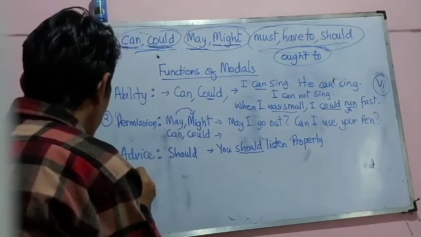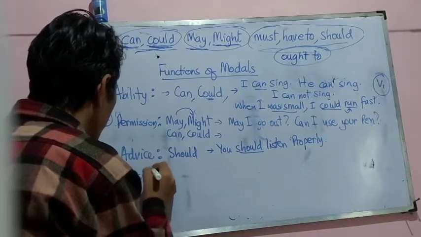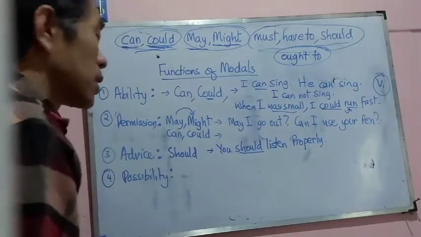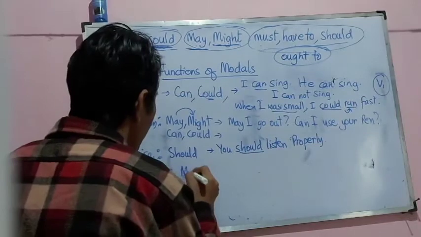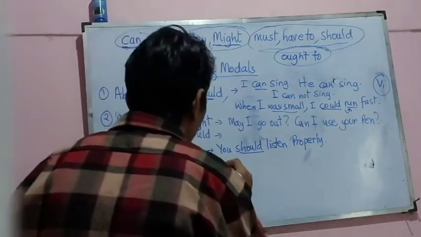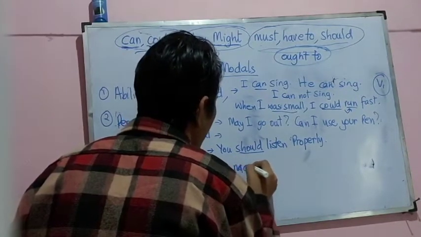Next one is possibility. Possibility means whether something is possible or not. For example, may. So you look at the weather and see, it may rain.